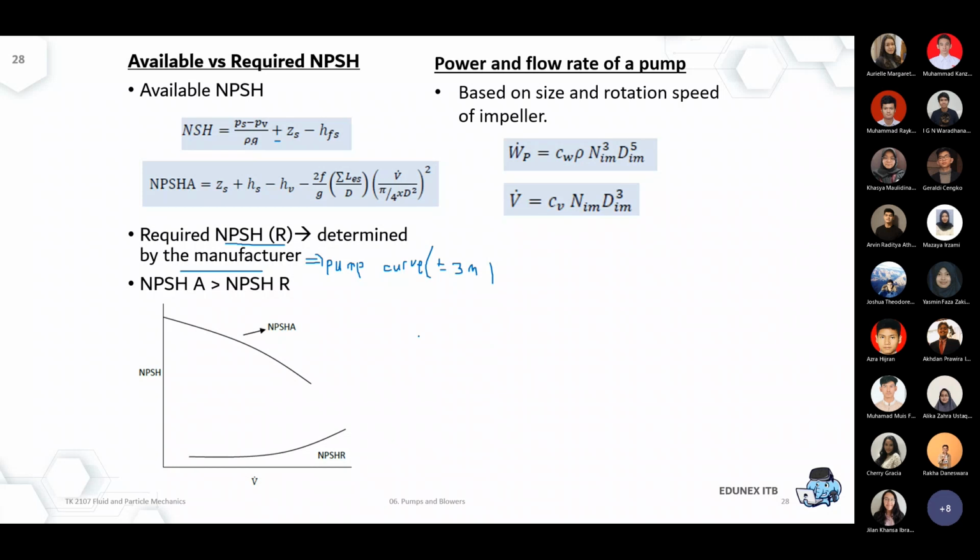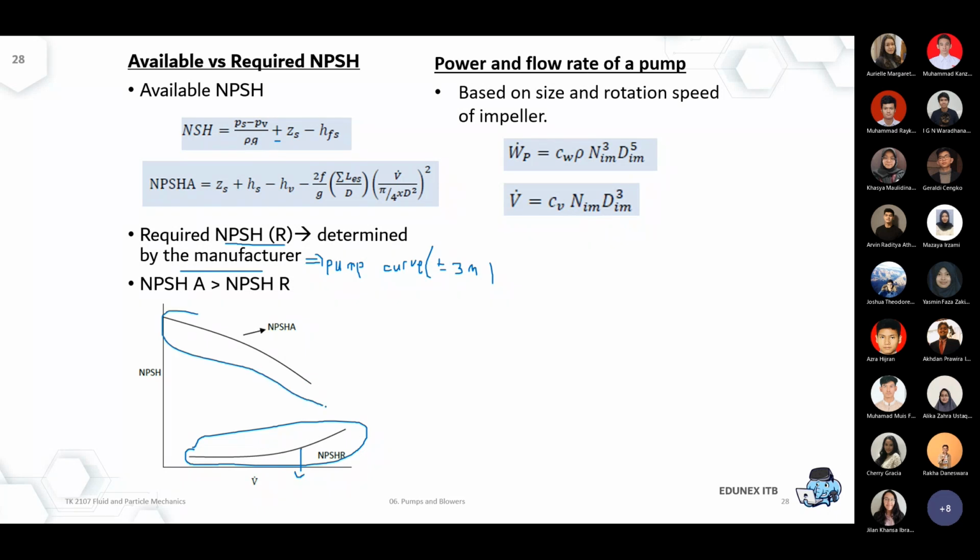So this is how it looks, that's the required NPSH. Let's say that's your selected volumetric flow rate, and that's your NPSH required. NPSH available has to be above the required.